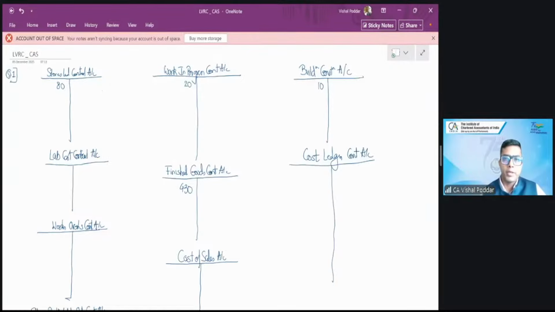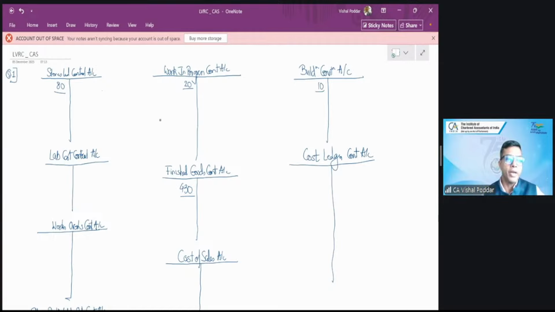Now, except CLC, these are the other balances. In this sum, the CLC balance is given. But let me tell you, there is one adjustment. At times in the sums, they may not give you the CLC ledger balance. If that is not given, then you should always remember the CLC balance is the net of all the given balances. So let us say in this sum also, if the CLC balance would not have been given, I would have taken this debit, debit, debit, debit.